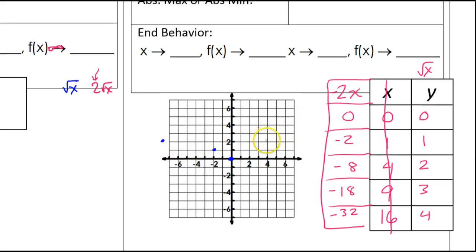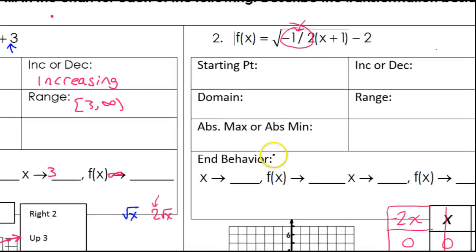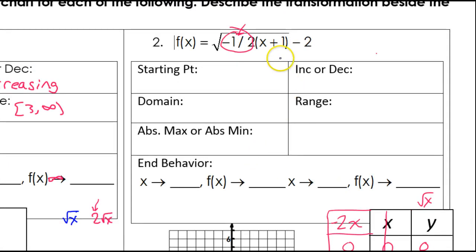Now, what we haven't done yet are the horizontal and vertical translations, the slides. Because of the +1 right here, how will the graph move? To the left. Yeah, this is going to be to the left 1.